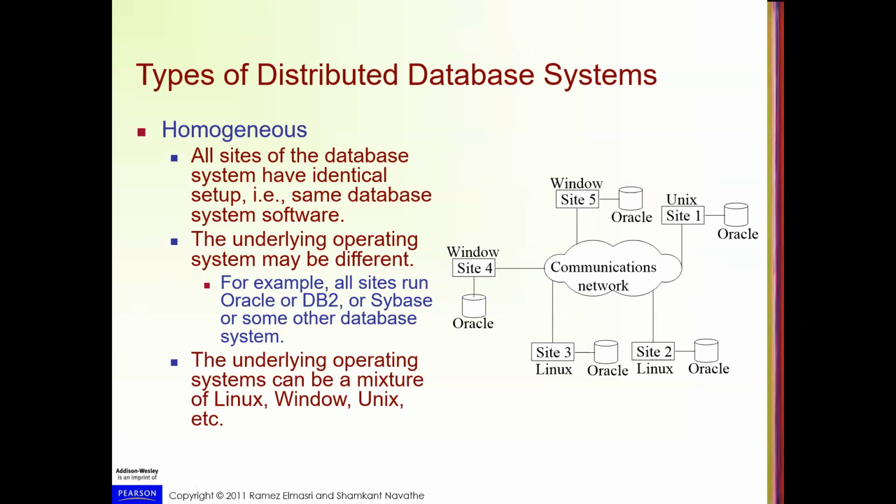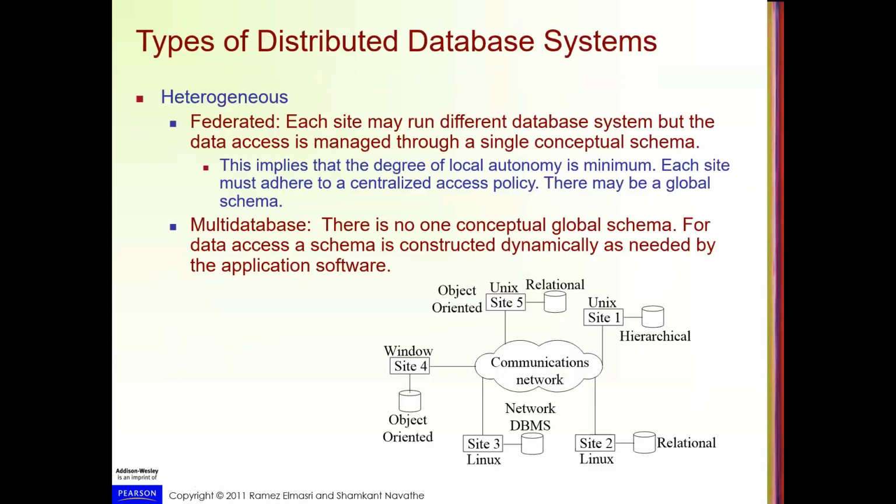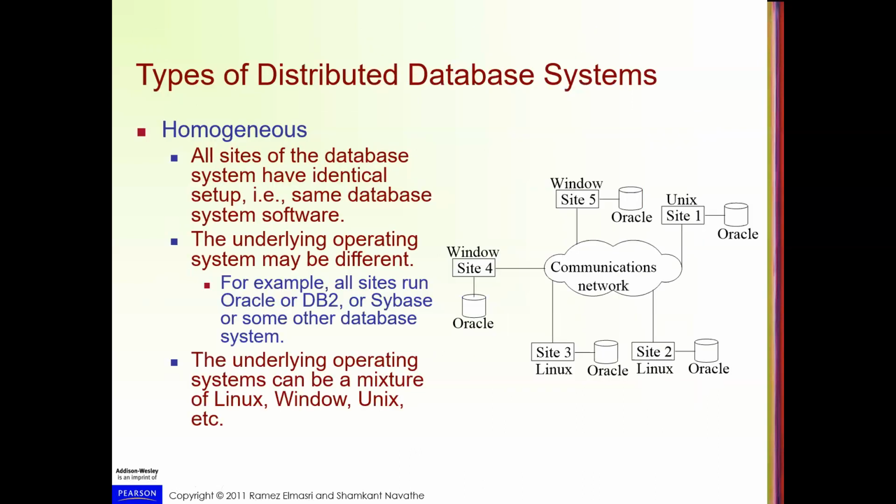Now, let us see what are the different types of distributed databases. Homogeneous and heterogeneous. What do we mean by homogeneous? When all the sites, for example, here we have site 1, 2, 3, 4, 5, are having the same type of database, then it is called a homogeneous distributed database system.